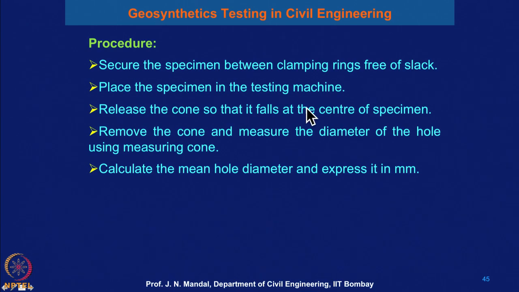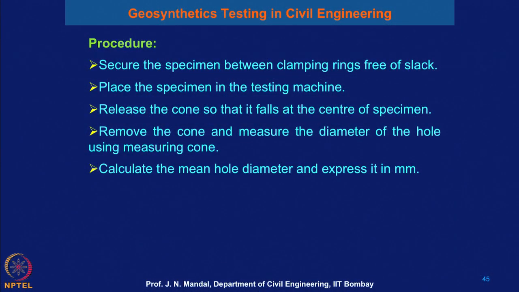Now, the procedure is to secure the specimen between the clamping rings free of slack and place the specimen in the testing machine, release the cone so that it falls at the center of the specimen, then remove the cone and measure the diameter of the hole using the measuring cone which I showed you.